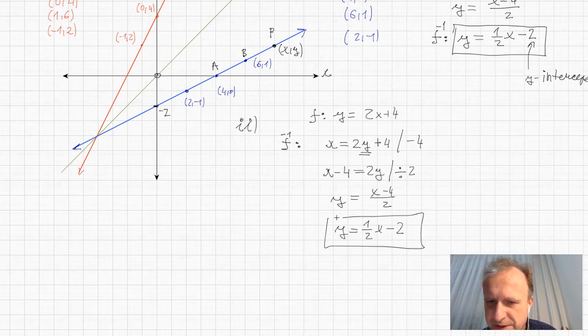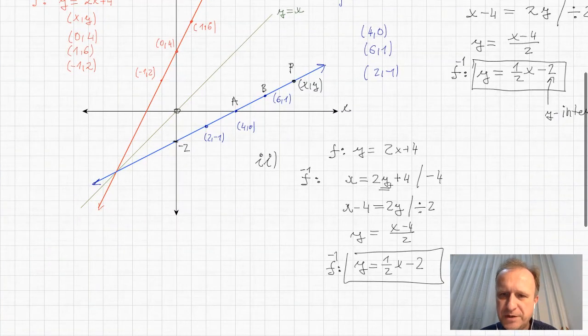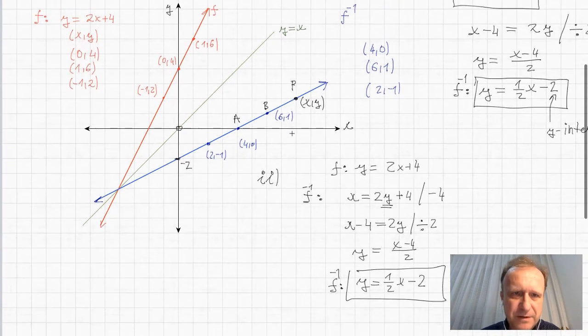So this is the formula for the inverse of the function f. This second method is much easier than the first one, I guess, and also it's more general. It can be used not only for linear functions but for all functions that you will encounter in this course.